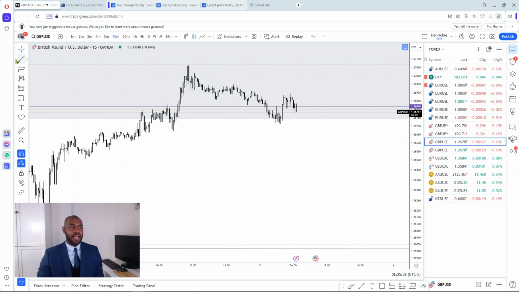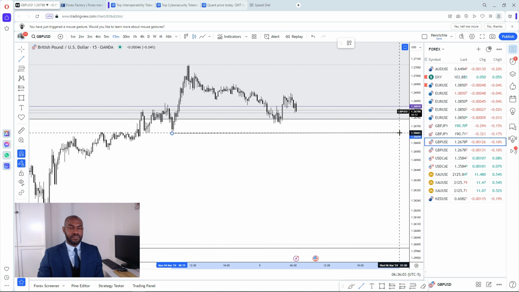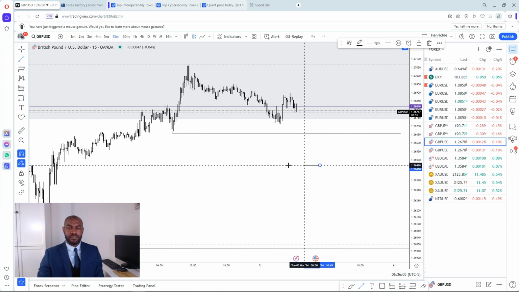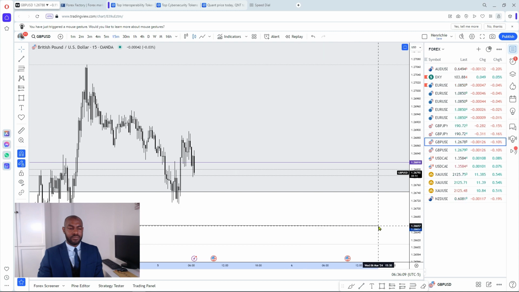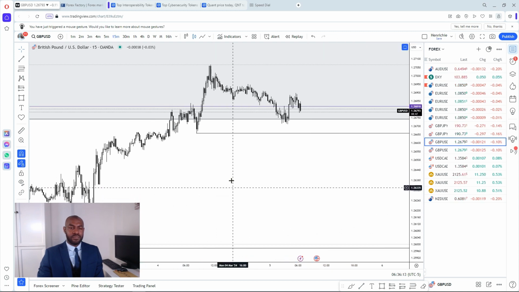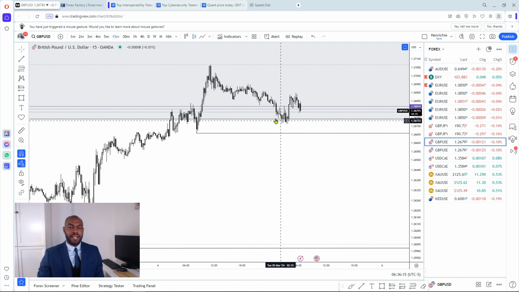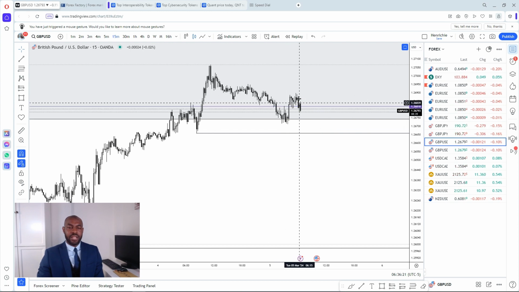We have a low, a high. We have this low, we have this high, and then as you can see, price came very close to the low, expanded higher. We're seeing reactions right here.